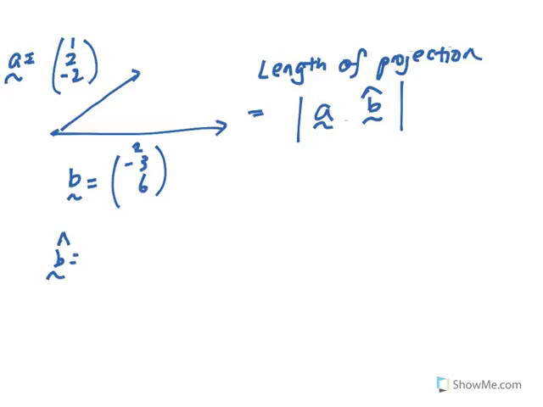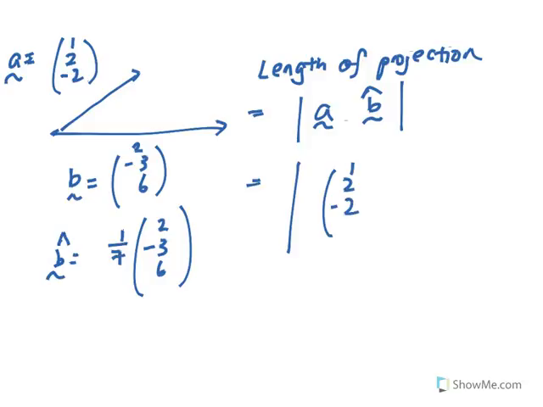This should give you 1 over 7, 2, negative 3, 6. And with that you get 1, 2, negative 2, scalar product with 1 over 7 of 2, negative 3, 6.